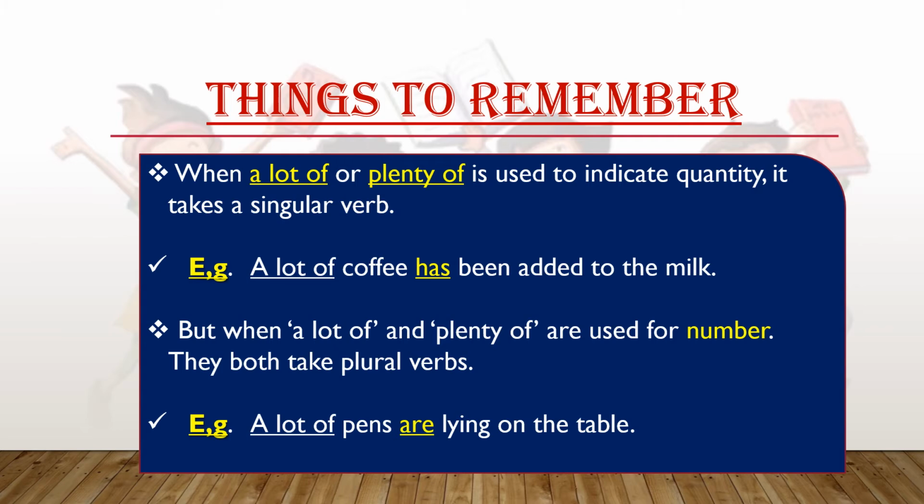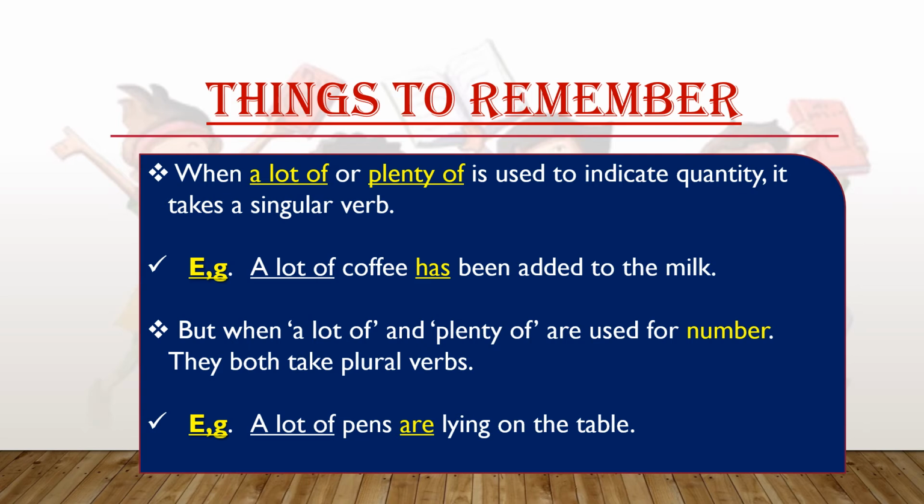Let us take an example for the same. A lot of coffee has been added to the milk. Over here, these words, a lot of, are indicating the quantity of coffee that has been added to the milk. So whenever we are talking about quantity, we always use a singular verb, that is has. That is why this verb has been used over here.